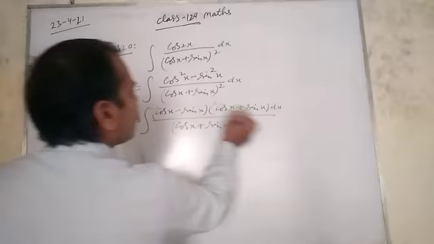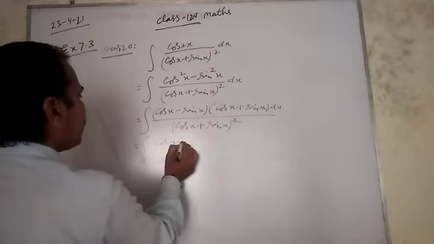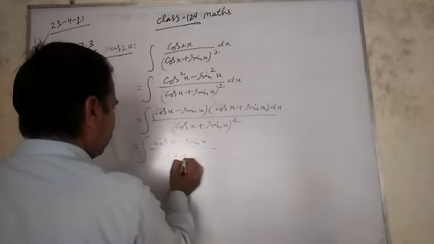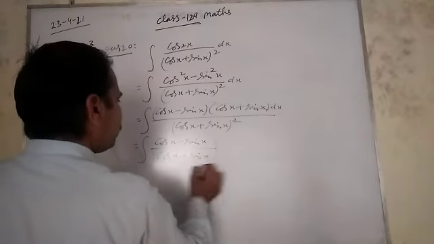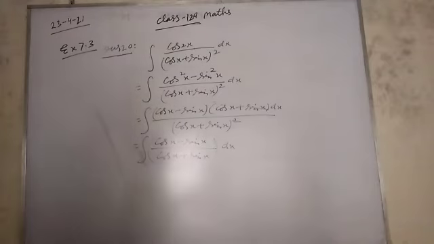So one factor cancels. So cos x minus sin x upon cos x plus sin x, now suppose the denominator as t.